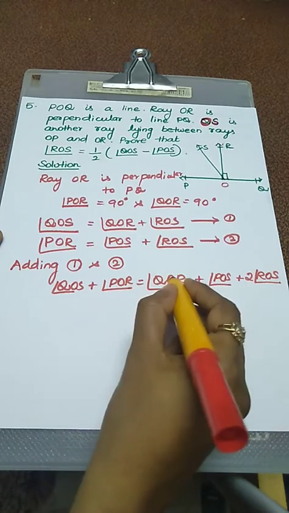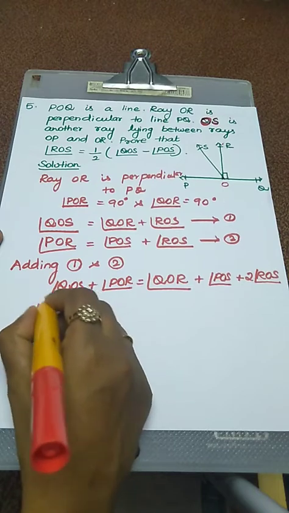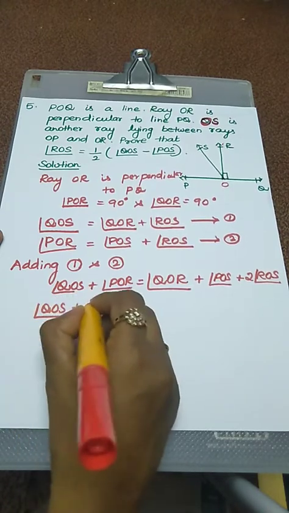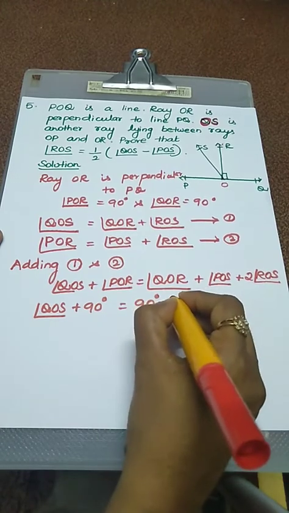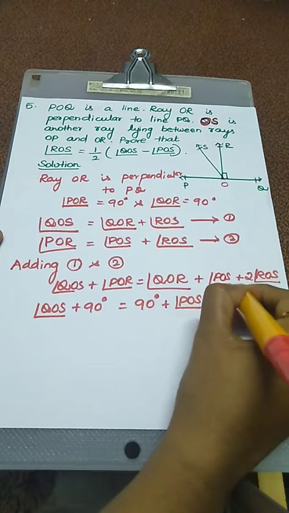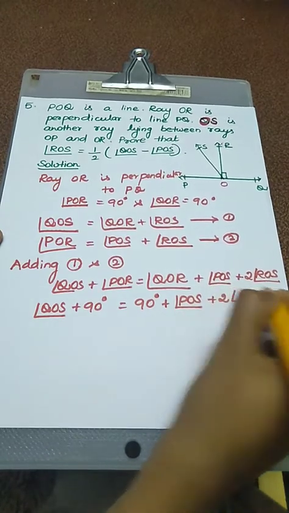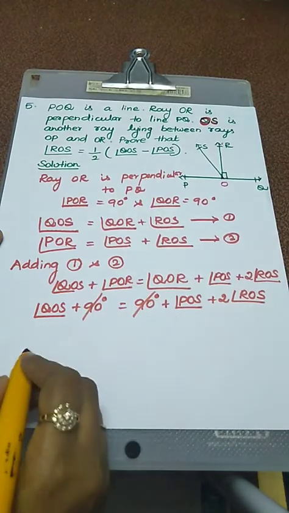POR is 90 degree, QOR is also 90 degree. Just apply the value. So angle QOS plus 90 degree is equal to QOR, also 90 degree, plus angle POS plus 2 angle ROS. Okay, now we just cancel this 90 degree and this 90 degree.